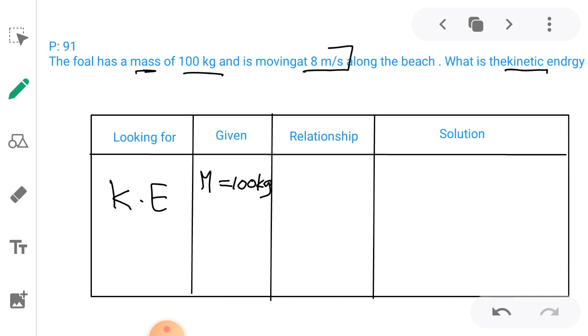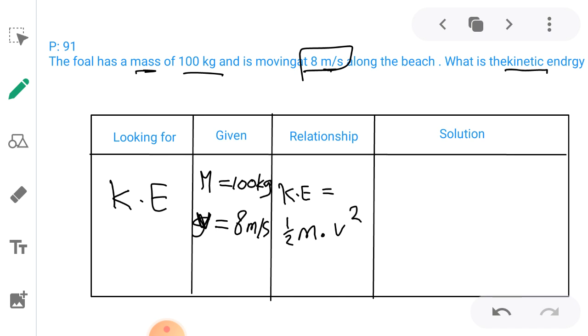And 8 meters per second. I know meters per second is the unit for speed, so here we have v. Velocity or speed equals 8 meters per second. The relationship: kinetic energy equals half m times v squared.